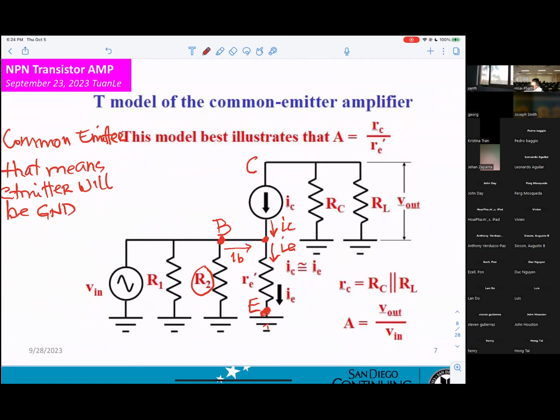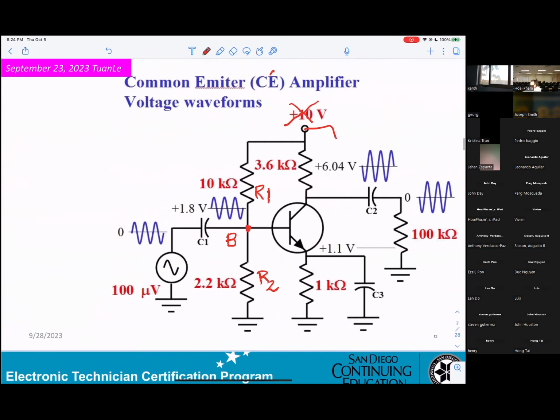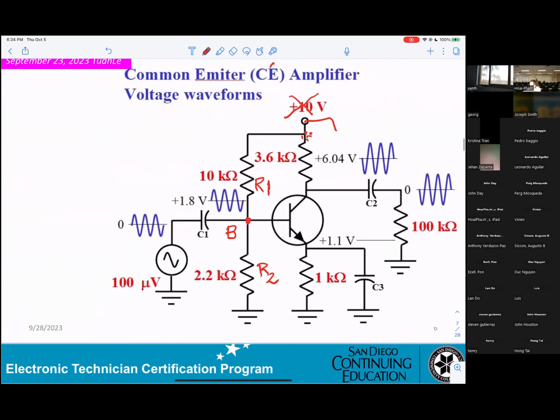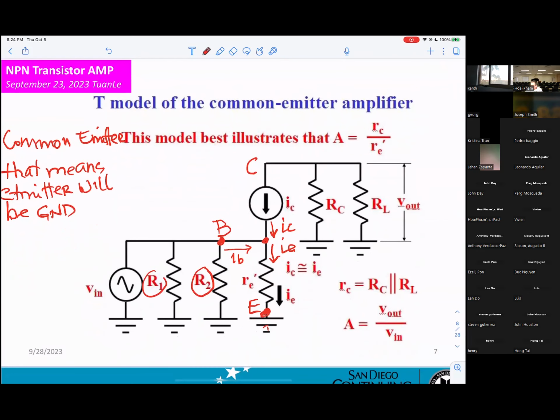So that's why R1, one side connects to the base, the other side connects to DC 10 volt, which is now ground in AC. So that's why you can see R1 and R2 in parallel. Okay, good.